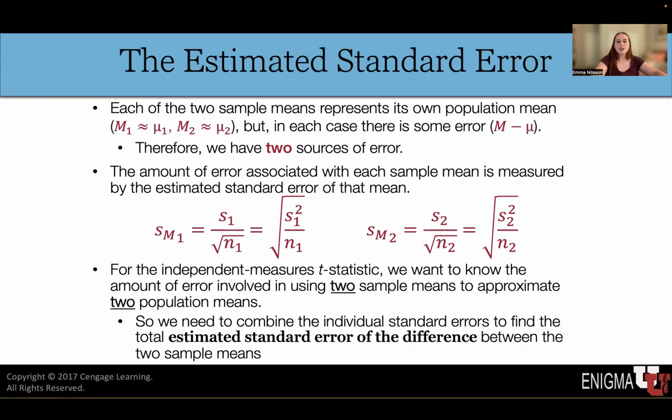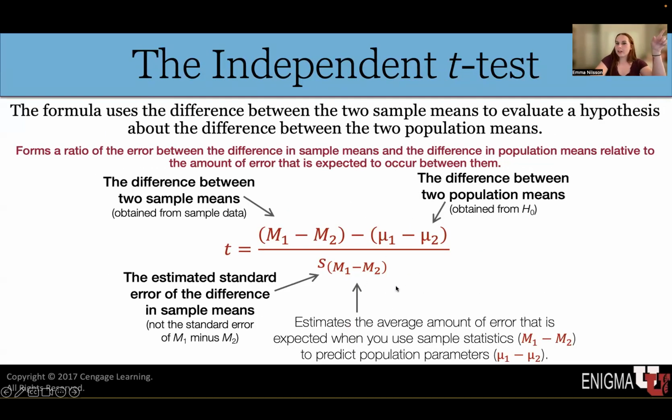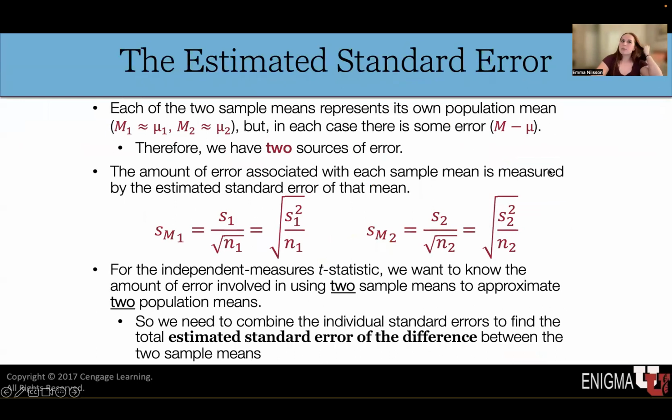So let's talk a little bit more before we move on about this denominator here, the estimated standard error. It's the denominator in our last formula. The important difference about the estimated standard error in an independent t-test is that for the first time ever, we have two sources of error, not just one. Because we're taking two sample means that each represent their own population mean, and each of those relationships has some error.